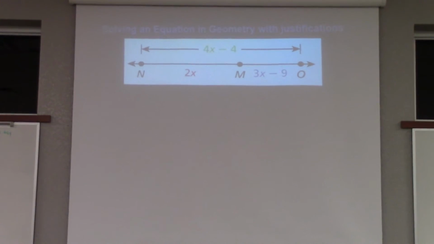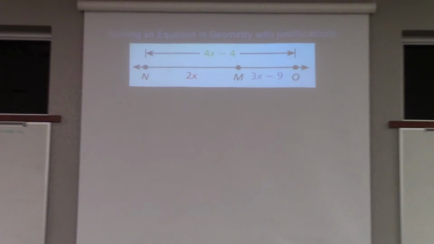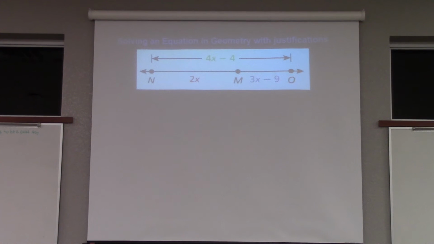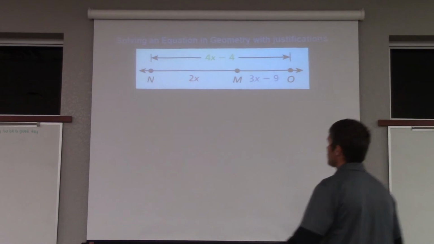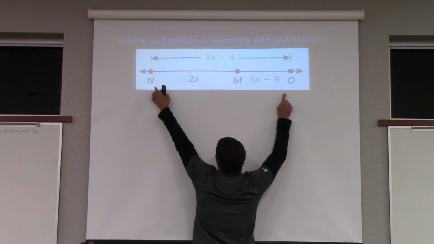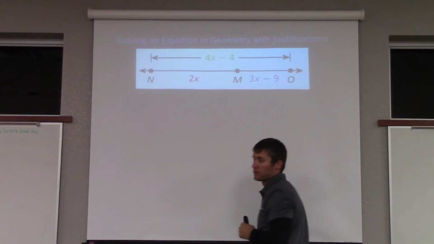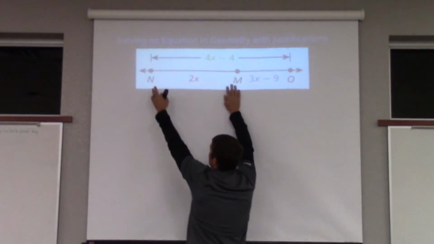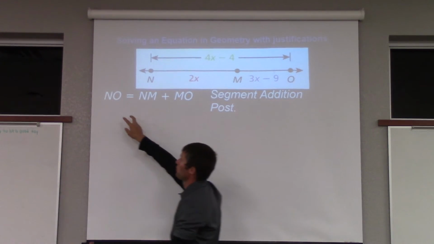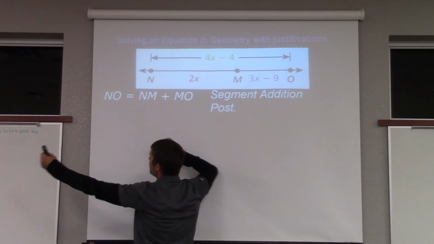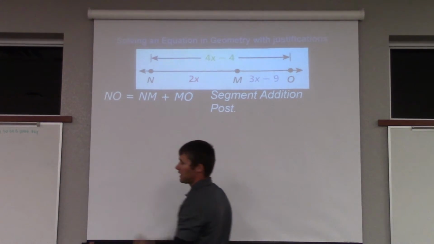We want to go step-by-step through what we have. We're going to use a postulate that we learned in chapter 1. You accumulate all these postulates, they don't go away. If I have this whole line segment, N to O, then I know this part and this part. The whole thing, NO, is equal to the smaller parts added together.